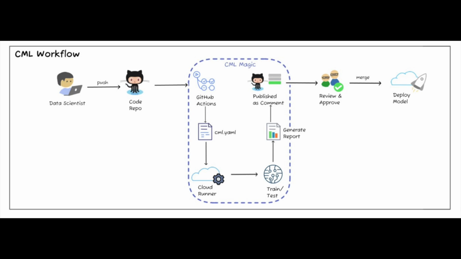So in this tutorial, we demonstrate how to harness the power of GitHub Actions and CML to build an end-to-end machine learning pipeline for churn prediction. By following this approach, teams can elevate their machine learning projects, reduce time to market, and ultimately drive greater business value.